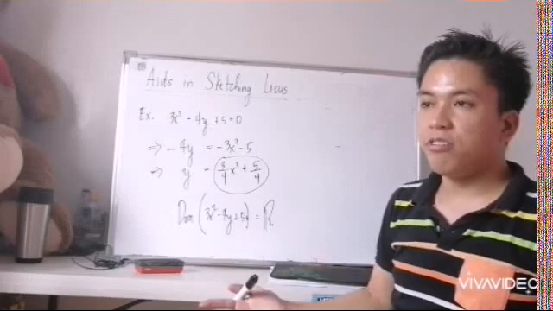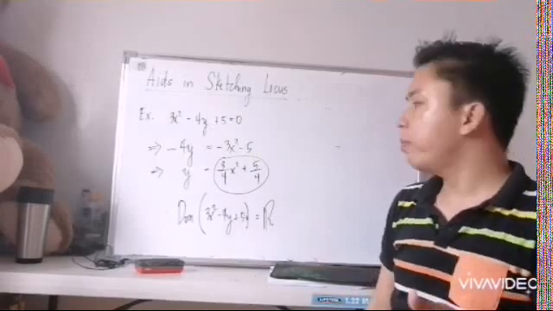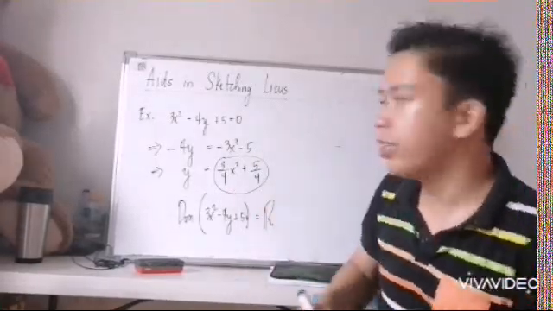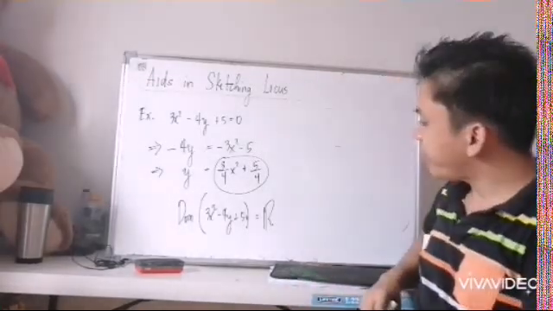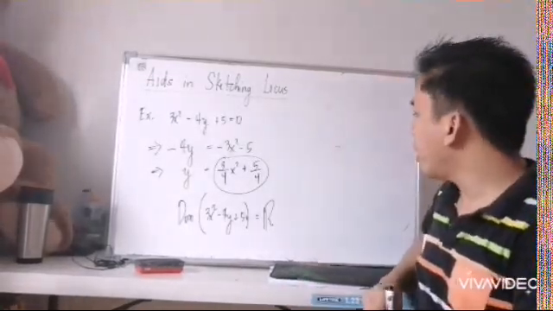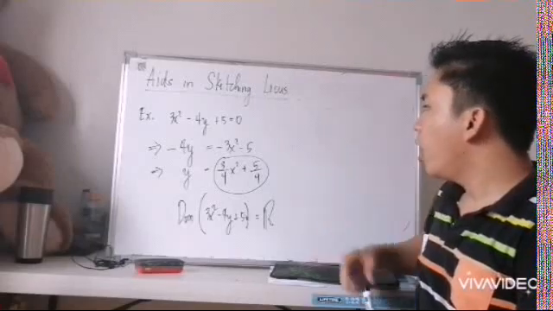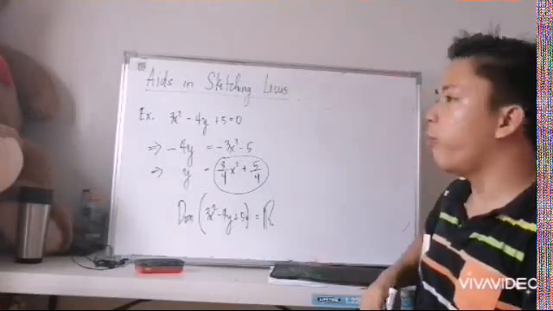Because all elements of the set of real numbers will be able to satisfy this expression. Now let's solve for the range. So according to the rule, we have to solve x in terms of y.